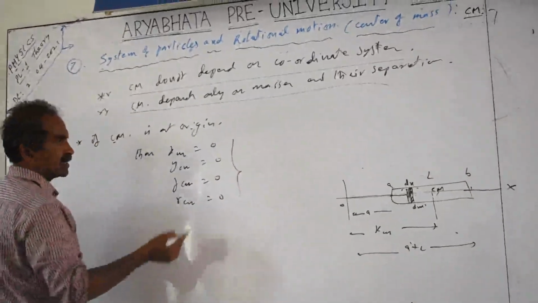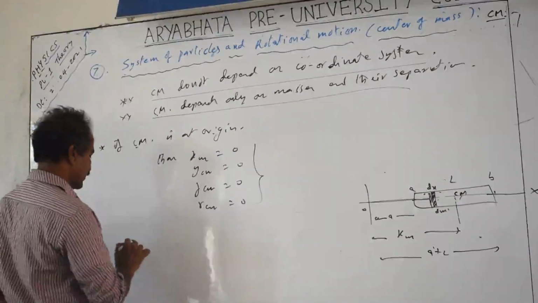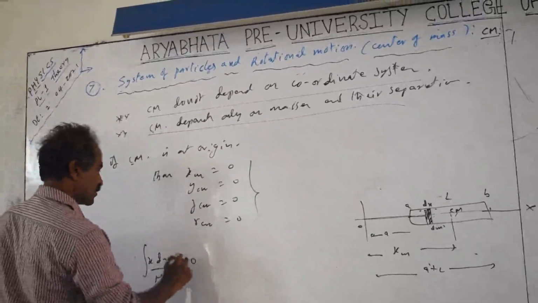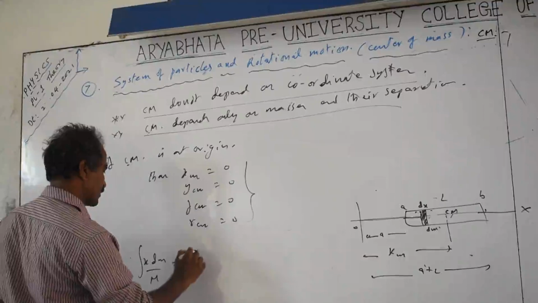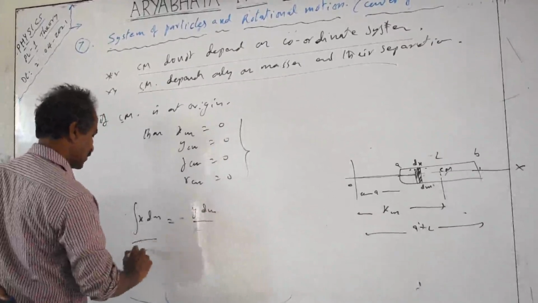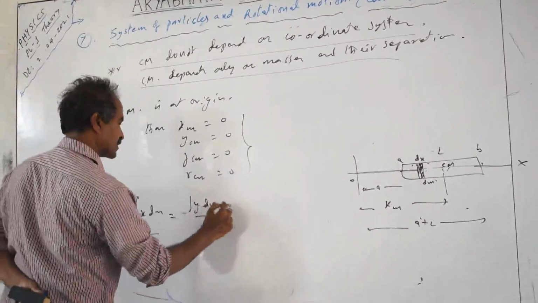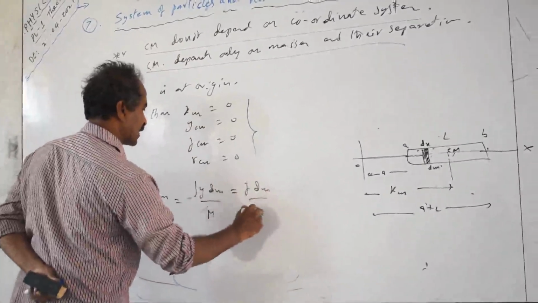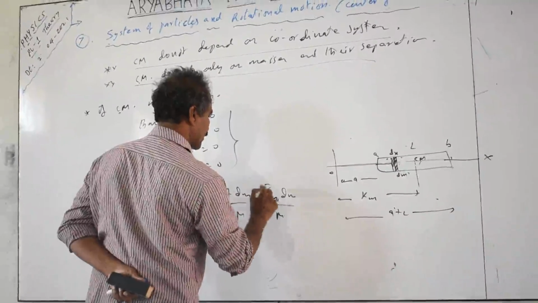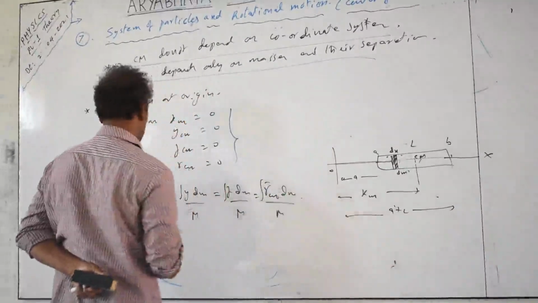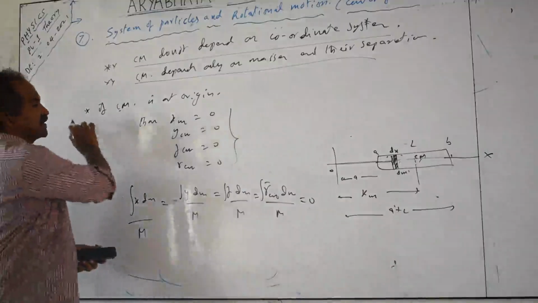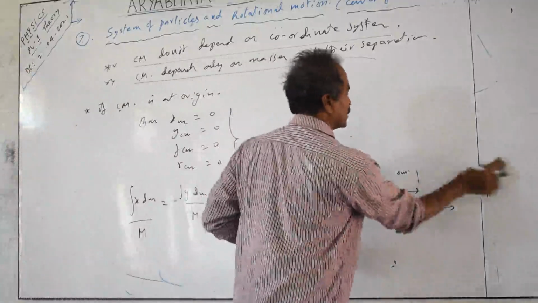That means the integration terms can be taken as zero: xcm, the integration of x dm by M, equals 0, and also y dm by M, with capital M outside the integration, also z dm by M, and r dm by M integration is equal to 0. This will also be asked for a 1 mark question. What happens if the center of mass is at the origin? What about the coordinates? The values you have to take as 0.